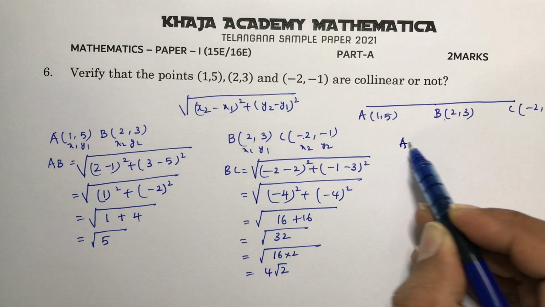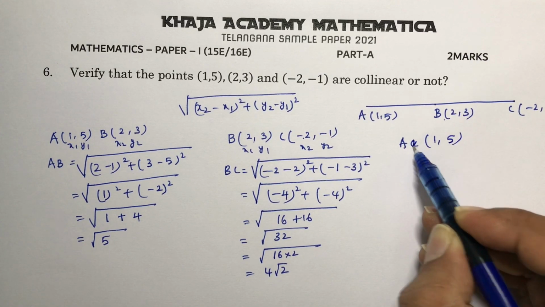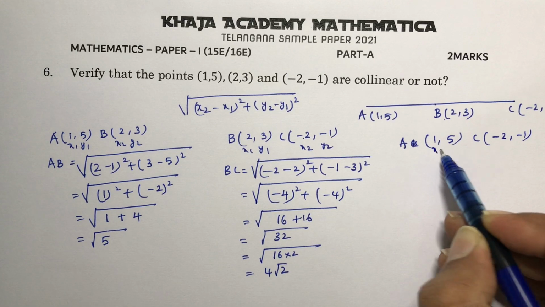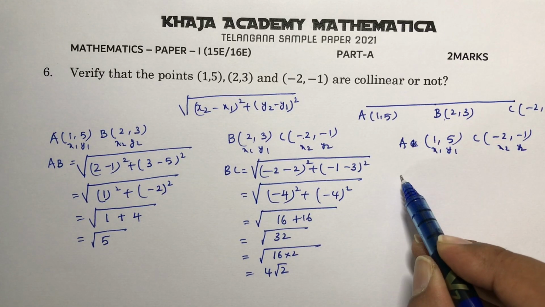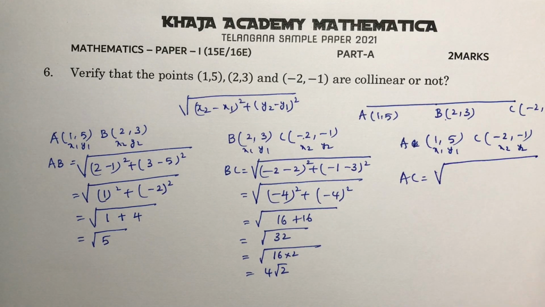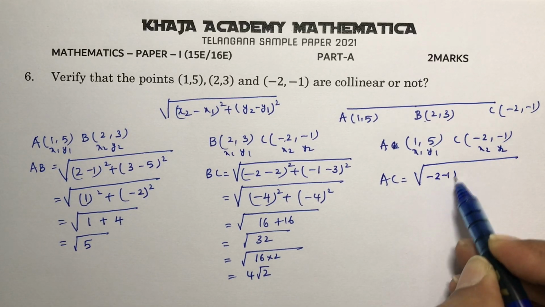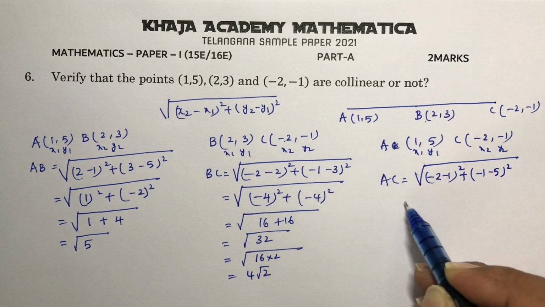Now calculate the distance between AC. A is (1, 5), C is (minus 2, minus 1). So x1, y1, x2, y2. So AC distance is under root (x2 minus x1), so (minus 2 minus 1) whole square plus (minus 1 minus 5) whole square.